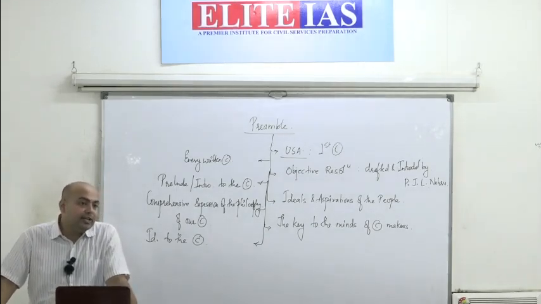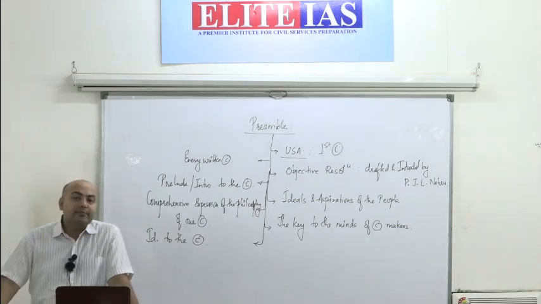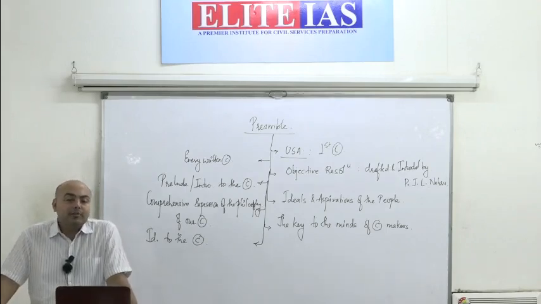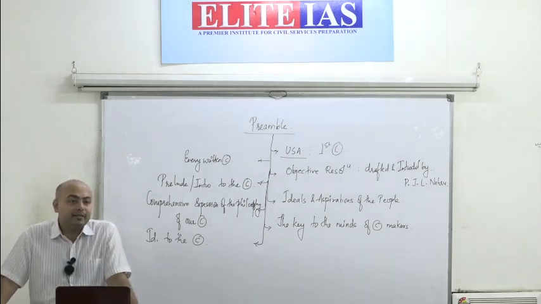When you say it's not binding on the state, what does that actually mean? It means this: suppose the preamble to our constitution mentions the idea of India being a socialist state. It declares India is a socialist state.